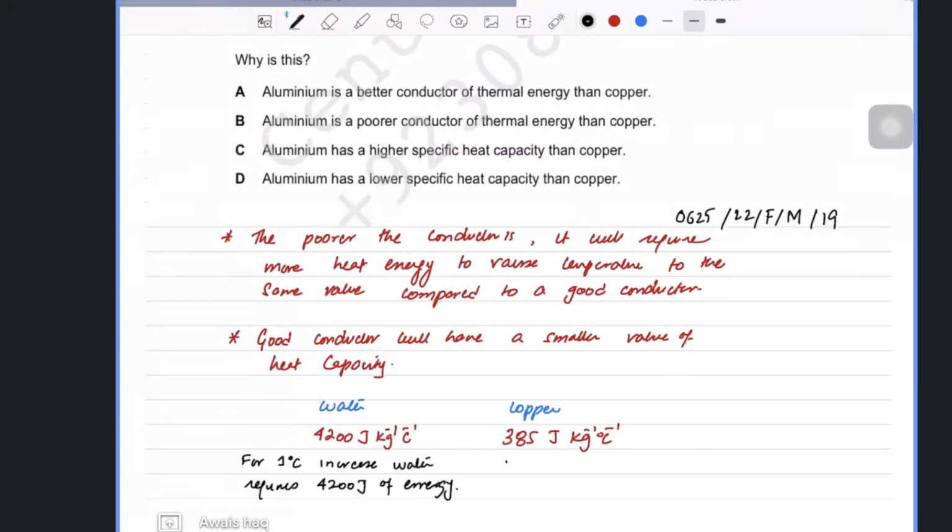Similarly, for 1 degree Celsius of increase in copper, it requires only 385 joules. That is the reason when you're heating water in a pan, the pan would heat up quickly, but the water will take time to heat up. Do you understand?